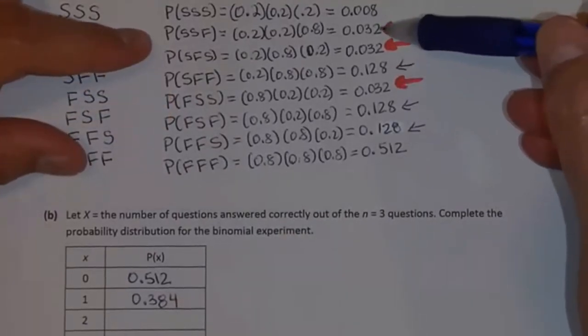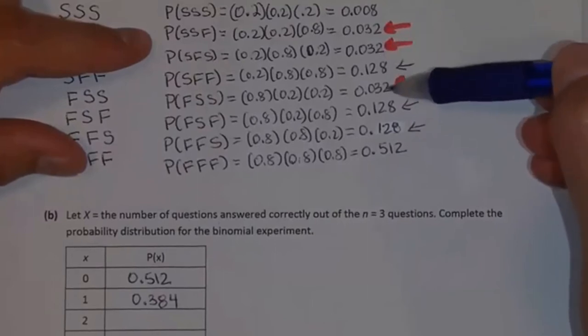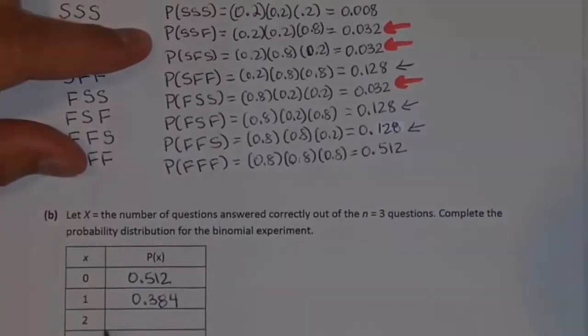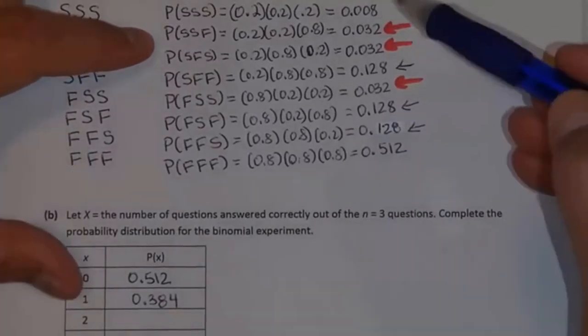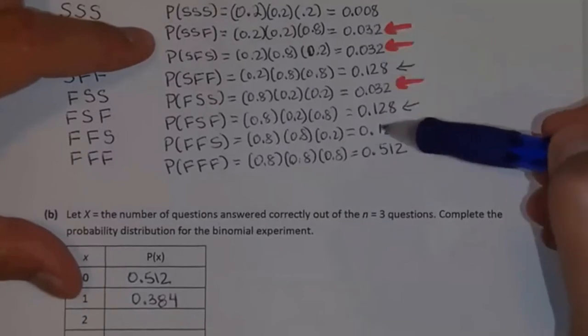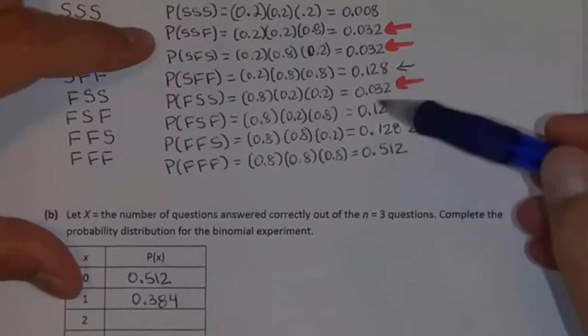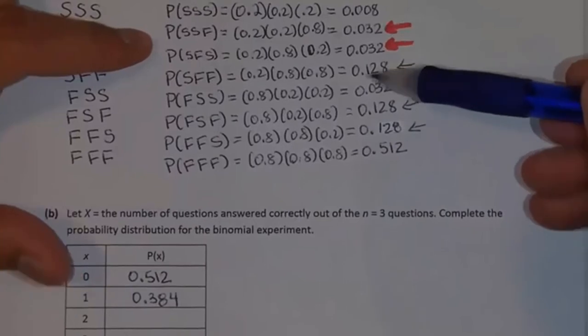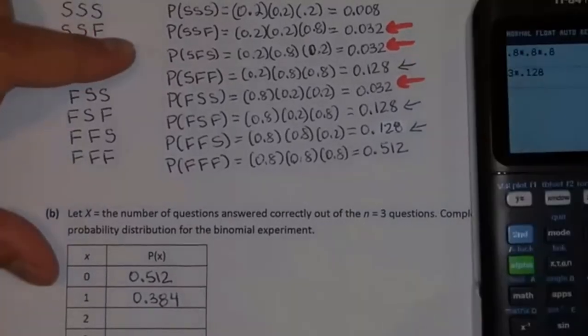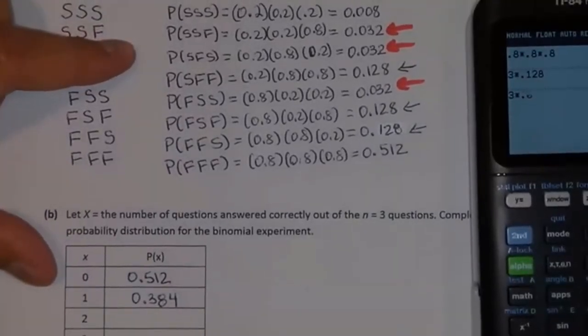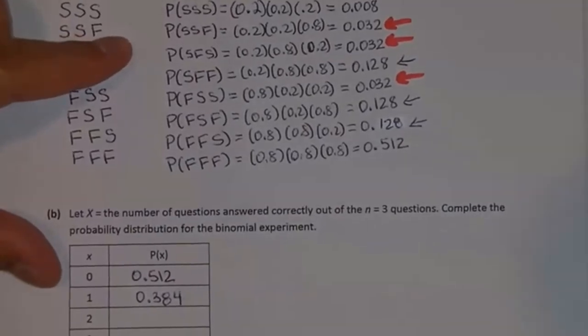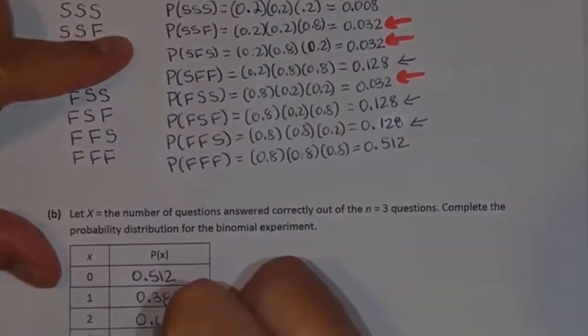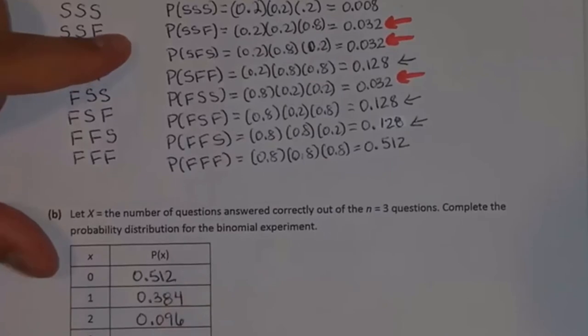And notice those probabilities, 0.032, 0.032, 0.032. So the probability of 2 successes is going to be those added up. 3 times 0.032 is 0.096. So that is the probability of guessing 2 questions correct.